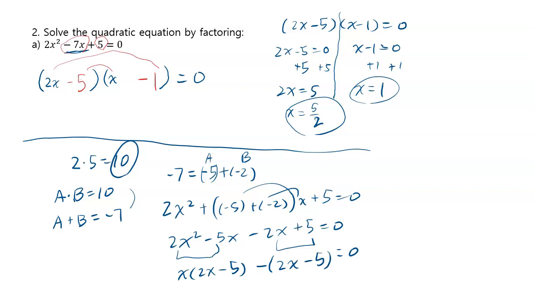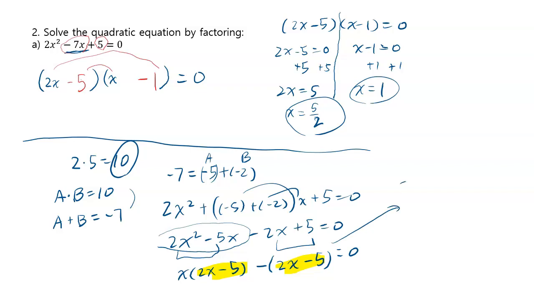So what I just did is what we call factor by grouping. Once you split the middle term like this, you group the first two and factor as much as possible, group the second set of two, and then factor as much as possible. The result is you end up with the same thing here and there, which means you can factor that again.